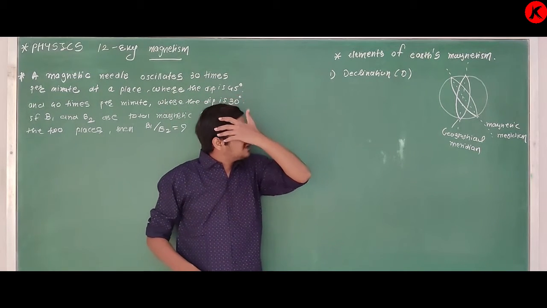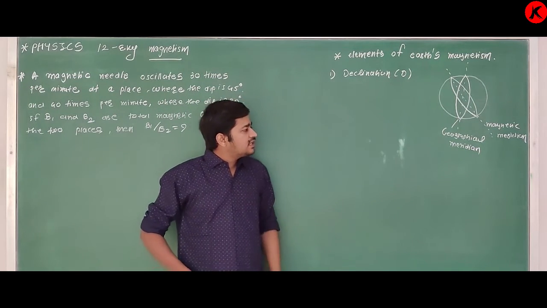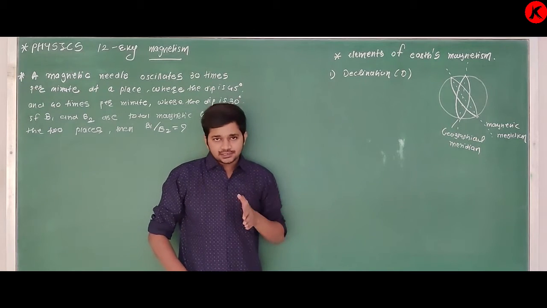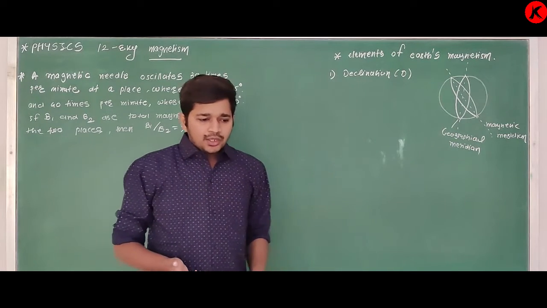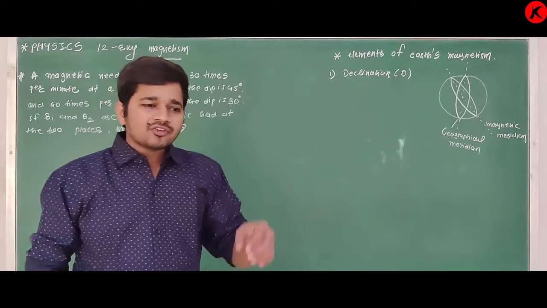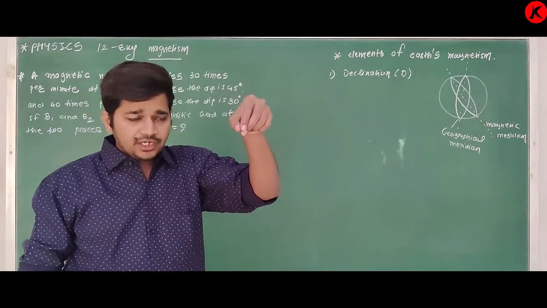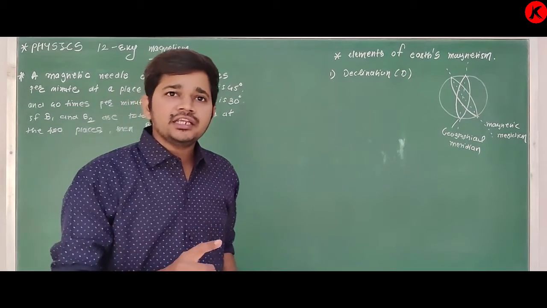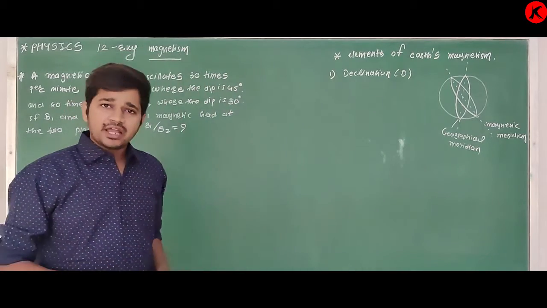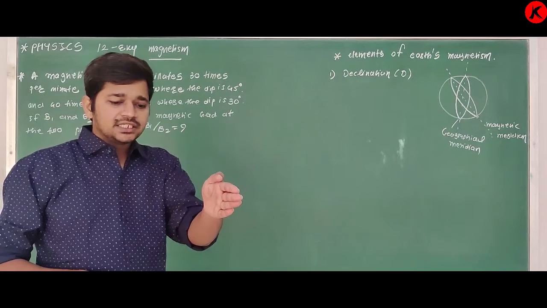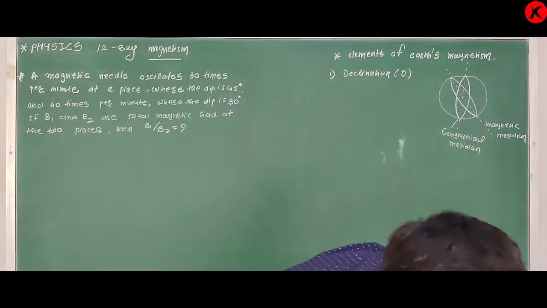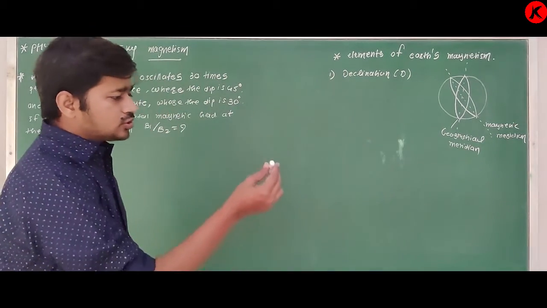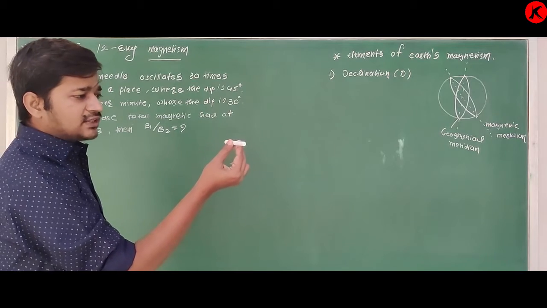So first of all, what is declination? Declination is actually the angle between geographical meridian and magnetic meridian at a particular place. We actually know that if we suspend a needle freely, then it will align in north-south direction, not exactly in geographical north and south direction. It is tilted like this.